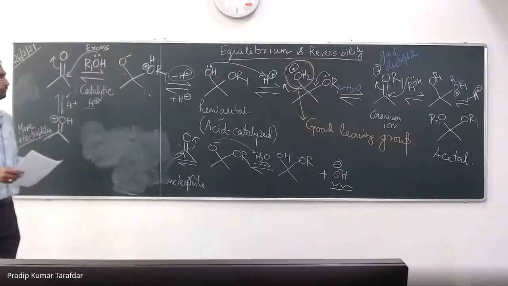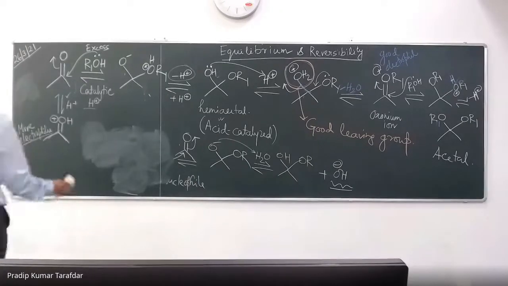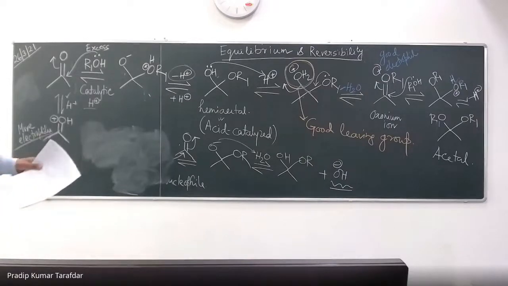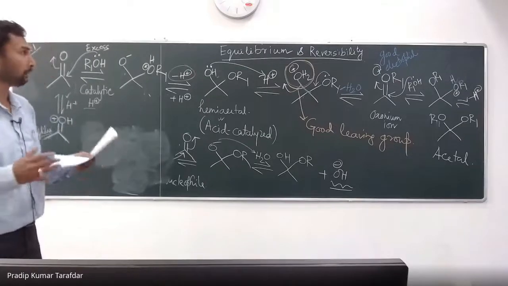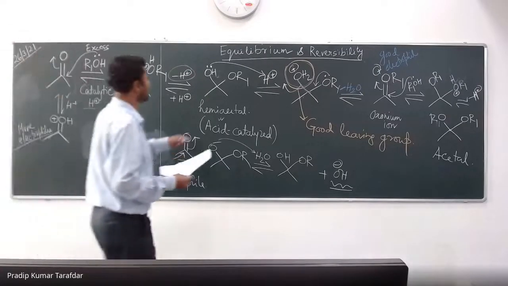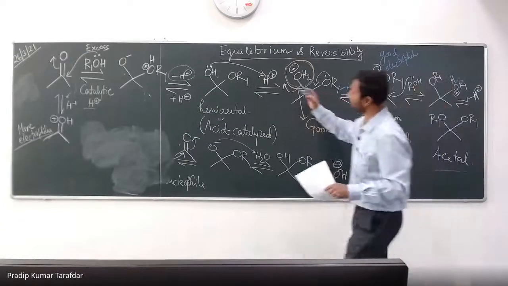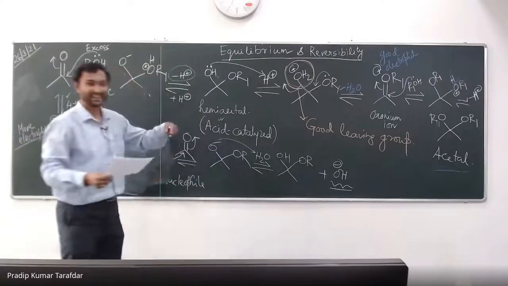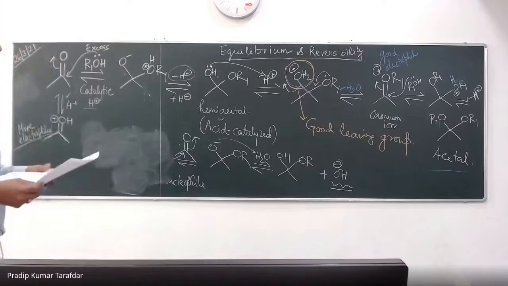Now, if I write the overall mechanism, can you tell me: in a basic medium, if I have a base, can I get acetal? I have shown that up to hemiacetal I can get. But can I get acetal in presence of a base? Is it possible?